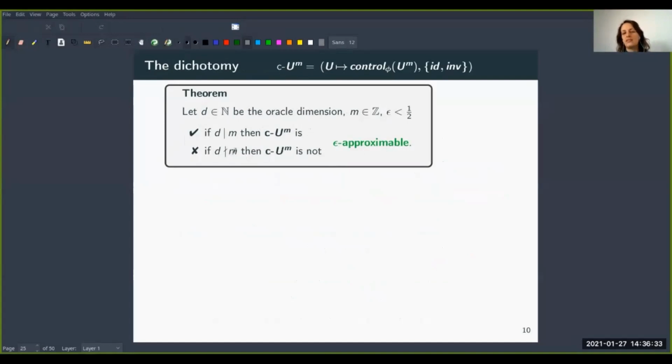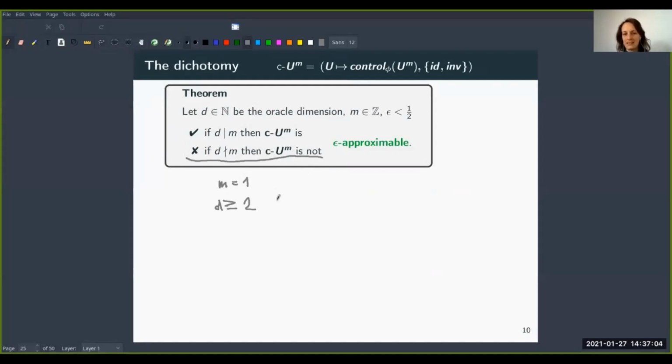If d does not divide m, then CUM is not epsilon approximable. So the positive direction follows easily from the algorithm of Dong and others. The negative direction is our main contribution. And note that for m equal to 1, we get back our original question of control u. And this implies that it's impossible for any non-trivial dimension.